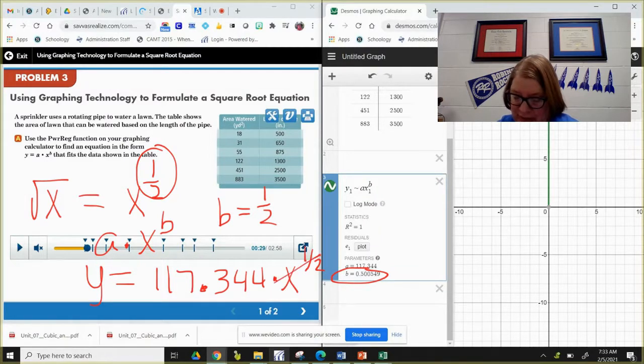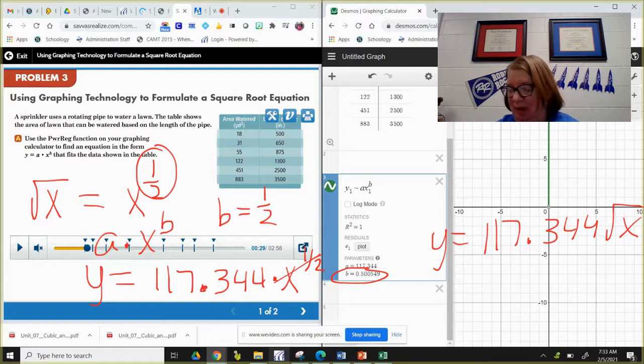So I can change that to square root of x. So I have y equals 117.344 square root of x. And it probably will tell you what to round it to. And so if you have a table or if you have points, you can type them into the graphing calculator and you're using a power regression. Okay, a power regression to get that equation.